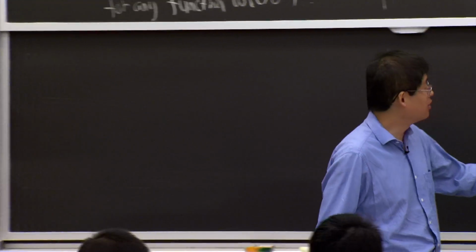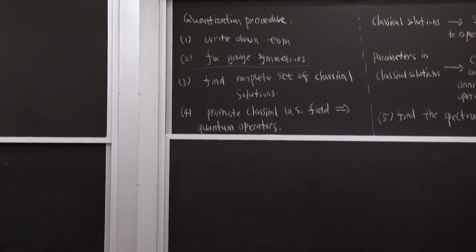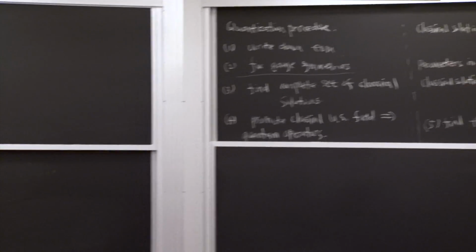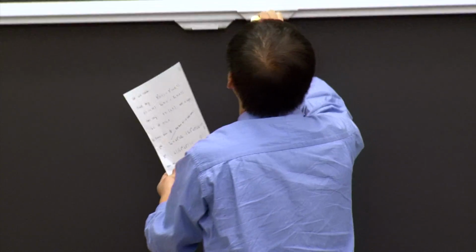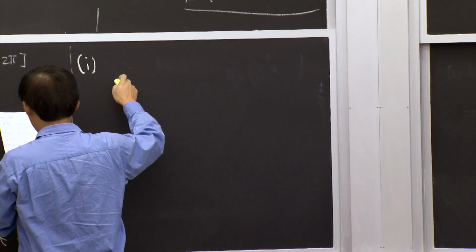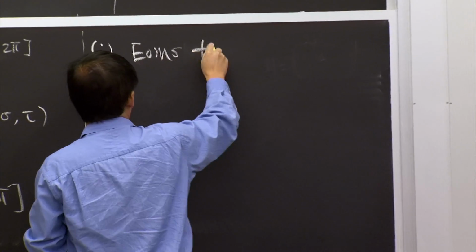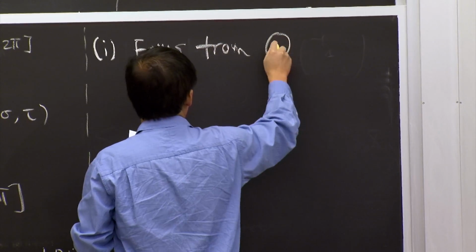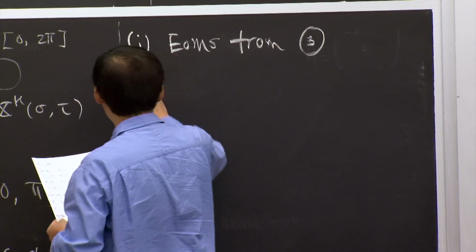So we just follow these steps. First, let's write down the equations of motion. First, you just do a variation with respect to gamma AB.